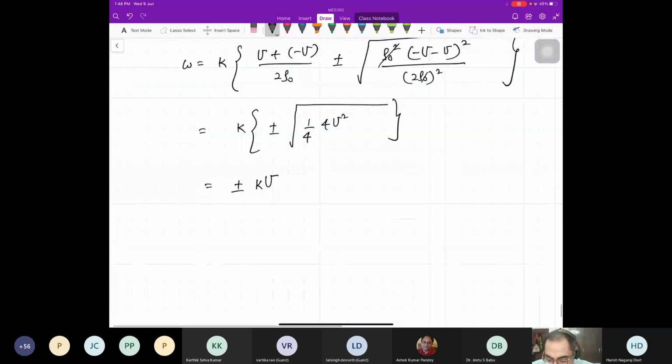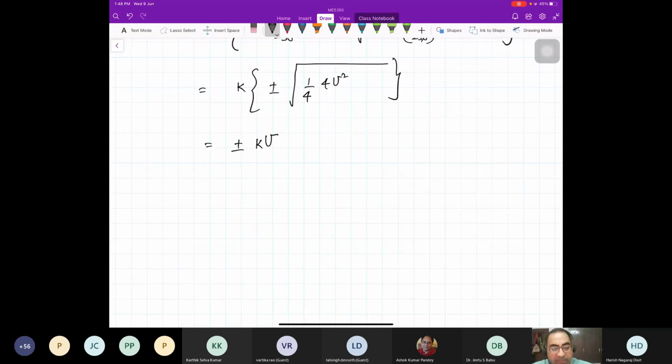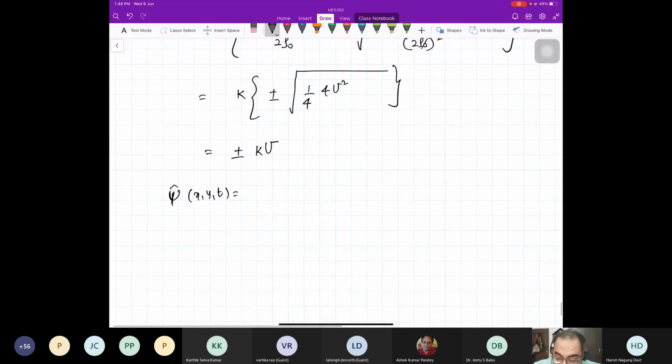That's all. If I want to plot the growth rate, first of all, the total solution for psi, which is a function of x, y and t, is now some function of y, e power i kx, and the second part is e power ku t.